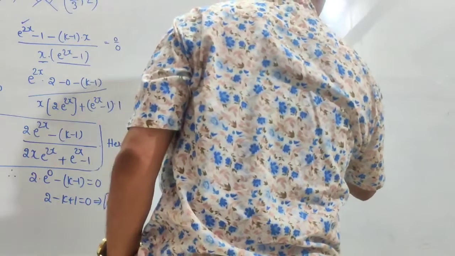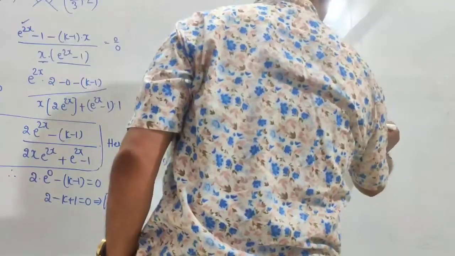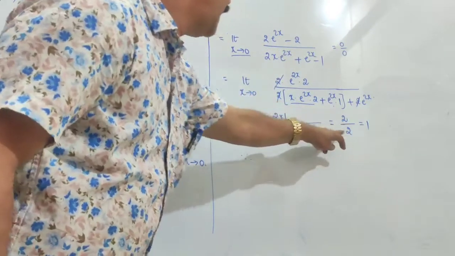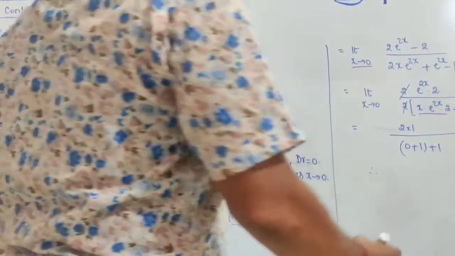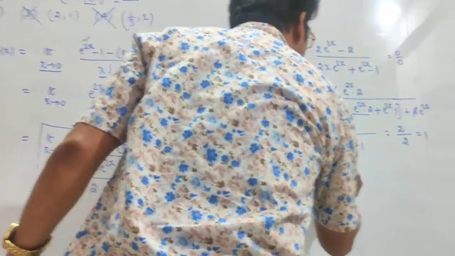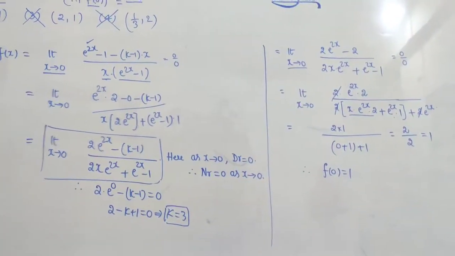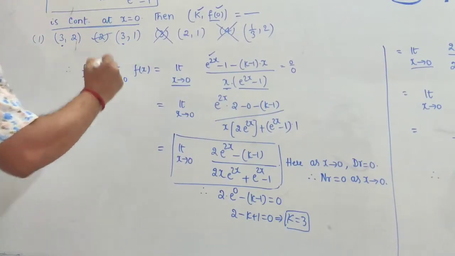That is equal to 2 divided by 1 plus 1, which is 1. So therefore it is f of 0. So f of 0 is equal to 1. Answer: 3 comma 1, f of 0 is 1. So the second option is right.